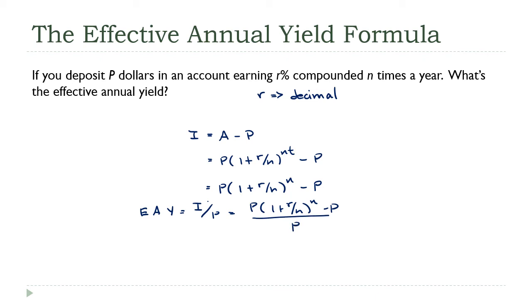I can factor a P out of this numerator: (1 + r/n)^n minus 1, all over P. And if I cancel these P's, what's left is my formula. The effective annual yield is (1 + r/n)^n minus 1. And that's it. That's my formula for effective annual yield.